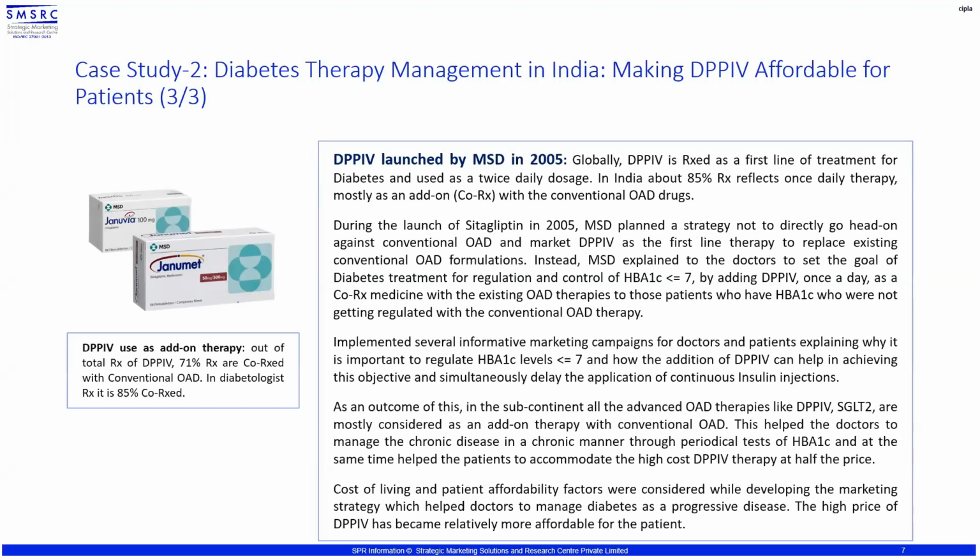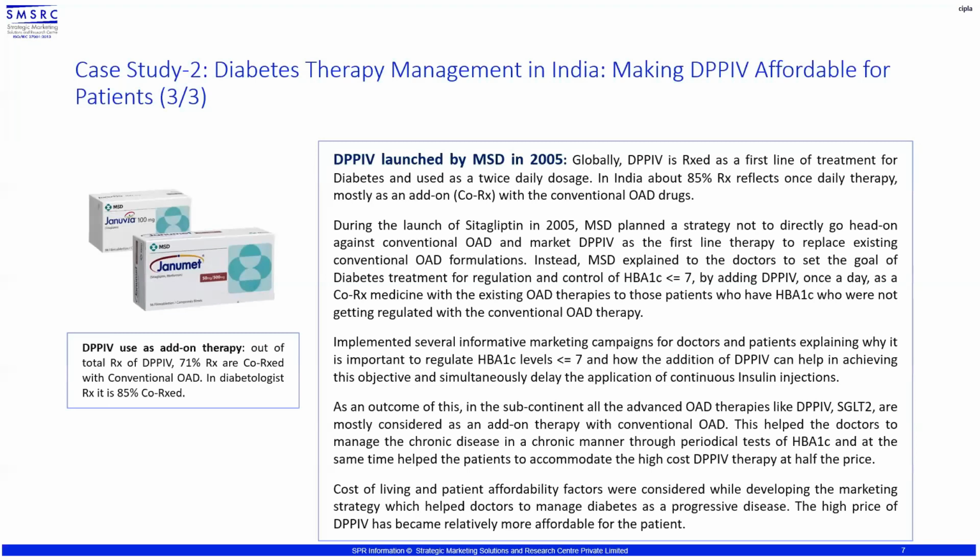So two points actually, instead of me reading the entire slide, let me just quickly explain. Two points they were trying to communicate to the doctor. One is, it's expensive, but you don't need to dislodge the existing therapy to get the desired result. If the patient's HbA1c is not getting regulated with the current therapy regime that you are prescribing, think of adding this to achieve the goal of HbA1c less than or equal to 7.